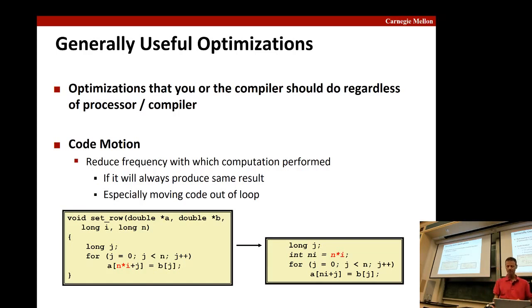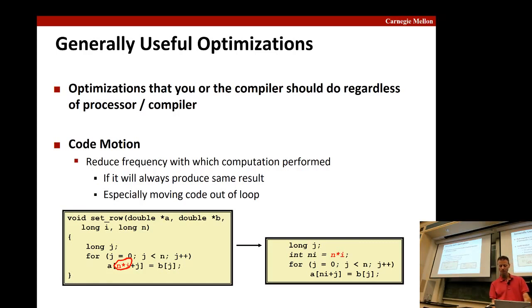Here's an example from the C code perspective. Every time, you're doing this multiply to get to the proper row in the set row function. Clearly that n times i is a multiplication happening inside your loop. If n is not a power of 2, then you can't even do it using shifts, so you have to use an integer multiply. It can be an expensive operation.